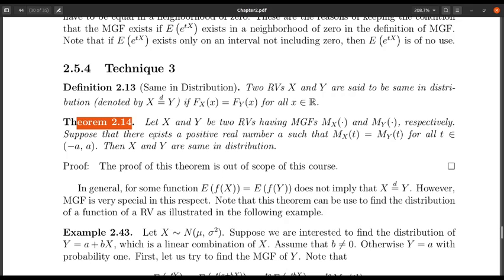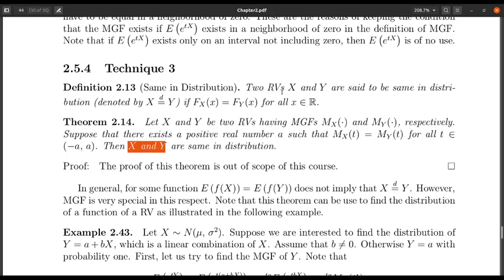Then if there exists a positive real number a such that the moment generating function of X is the same as the moment generating function of Y for all t belonging to minus a to plus a, that is, in a neighborhood around the point 0, then X and Y are same in distribution. So X and Y in that case have the same distribution.